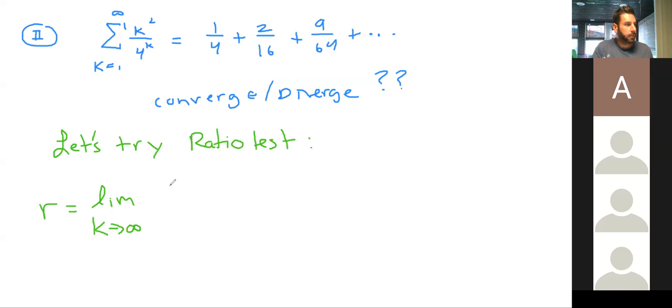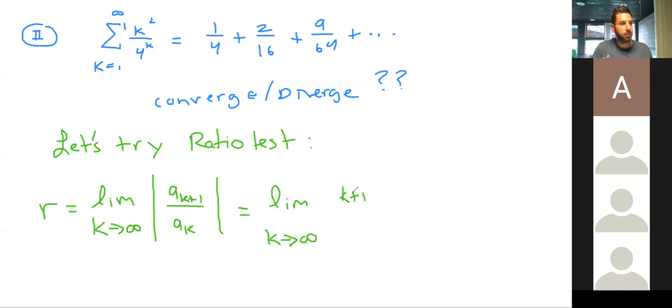I need to take a sub k plus 1 and divide it by a sub k, with absolute values. But in this particular problem, the absolute values, just like in the last one, are redundant. And just like in the last one, what I end up getting is a fraction divided by a fraction, which I will write as multiplication by the reciprocal.